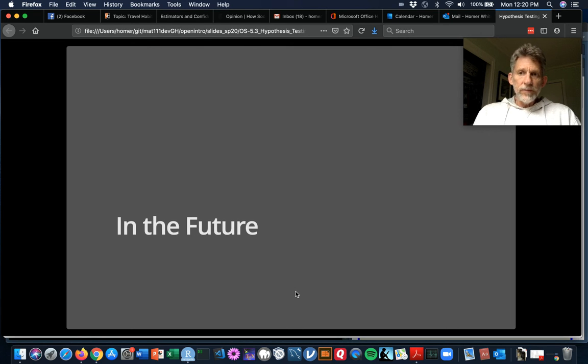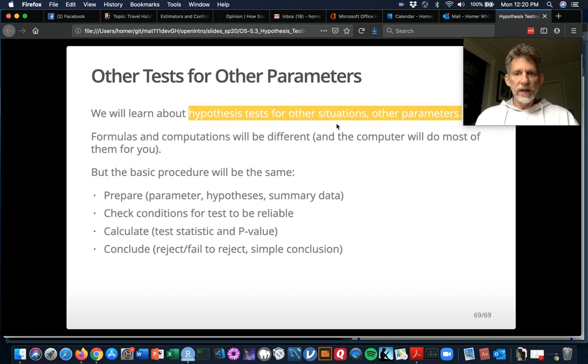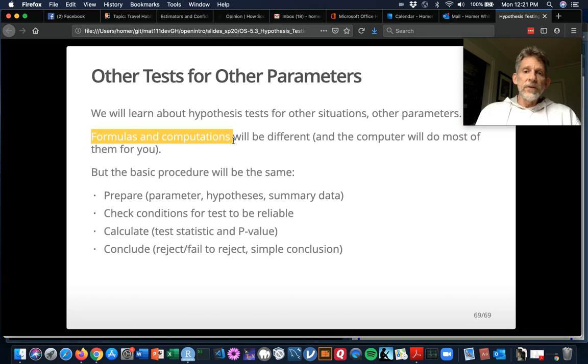This sets the template for a lot of our future work. We're going to be thinking about other parameters for populations and other types of data analysis situations. And we'll be learning about other hypothesis tests for those situations. And the formulas and the computations that you're going to do are going to be different.